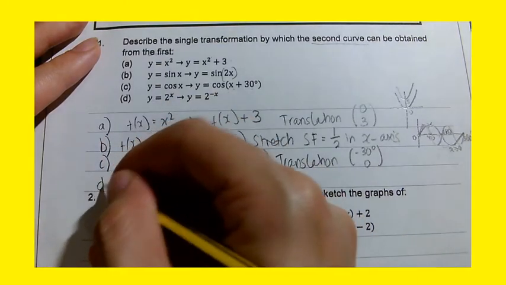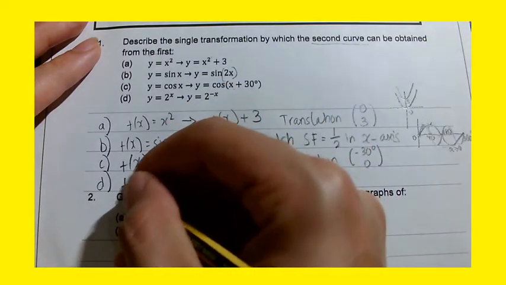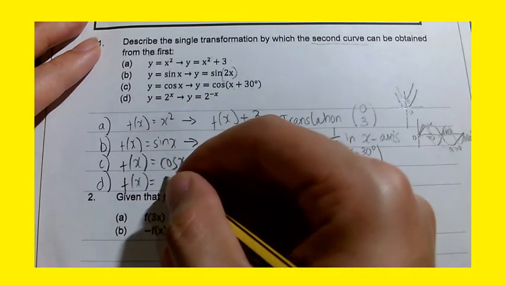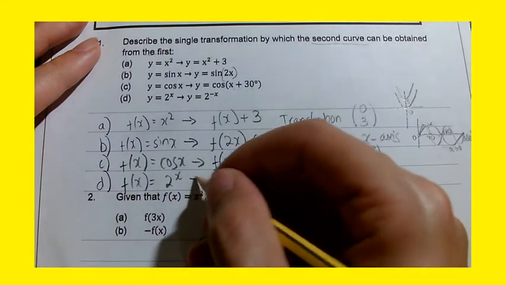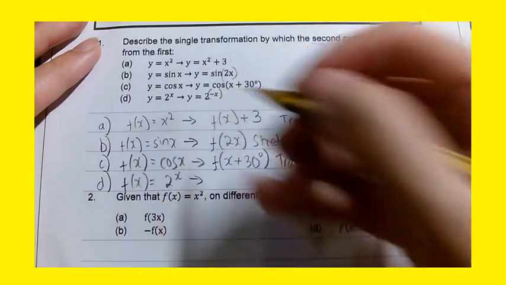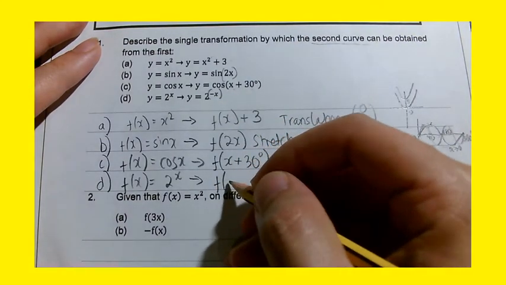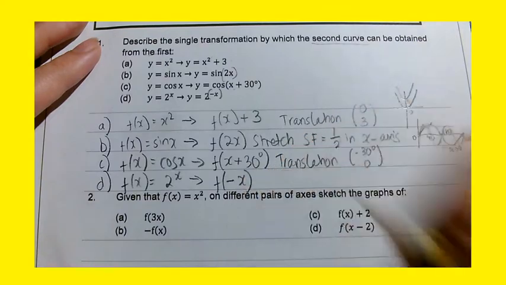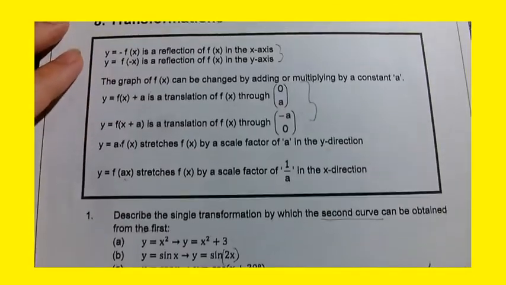Okay, and D, 2 to the power of x goes to 2 to the minus x. So I'm going to make my function 2 to the power of x. Okay, and I've got 2 to the minus x. So in the bracket with the x, I've got a minus affecting it. So I'm going to have minus x. That's essentially what's happened. Okay. So where do I see f of minus x?